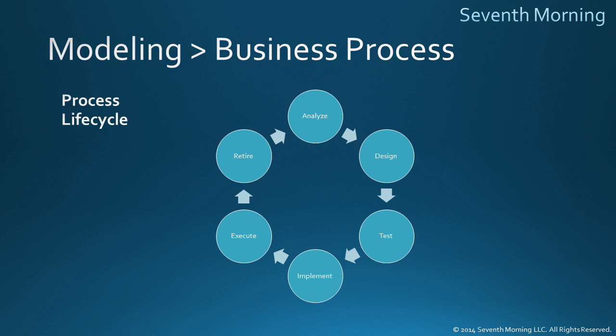Then we go on to model and test the business process. Then it's implemented in the organization. Then it's executed on an ongoing basis. And then eventually it's retired. The life cycle isn't so different from that of products, actually, although there is a wholly different mindset that's typically involved. Anyway, there we have it. That's business process modeling in a nutshell.